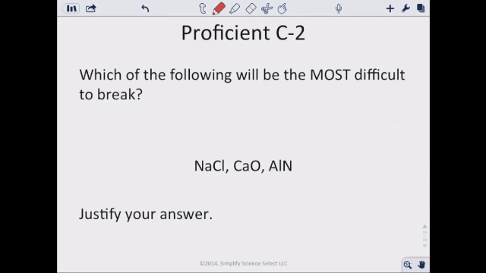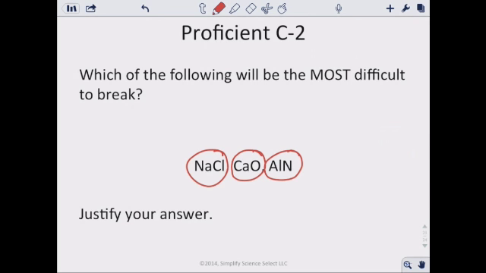Last example, it says, which of the following would be most difficult to break? And so when we're looking at this, we're looking at what would be the most difficult. We have our sodium chloride, we have our calcium oxide, and then lastly we have our aluminum nitride.